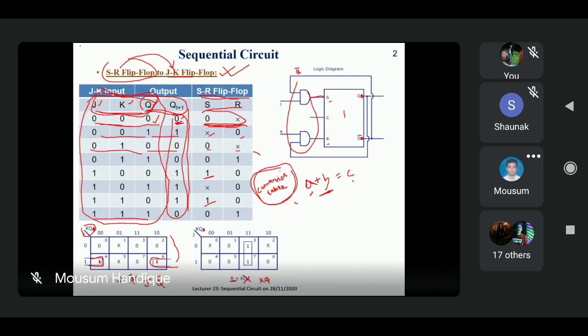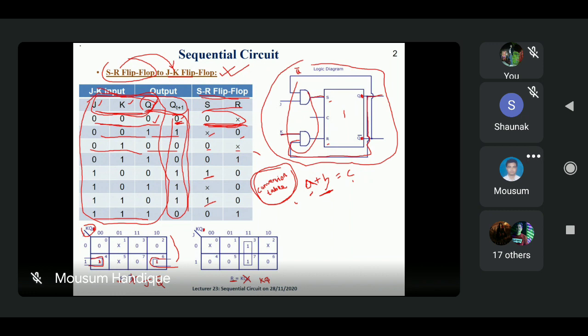K Q. K we are already inserting as an input, and this particular signal is Q. So we connect this as R. That is the conversion from SR to JK.